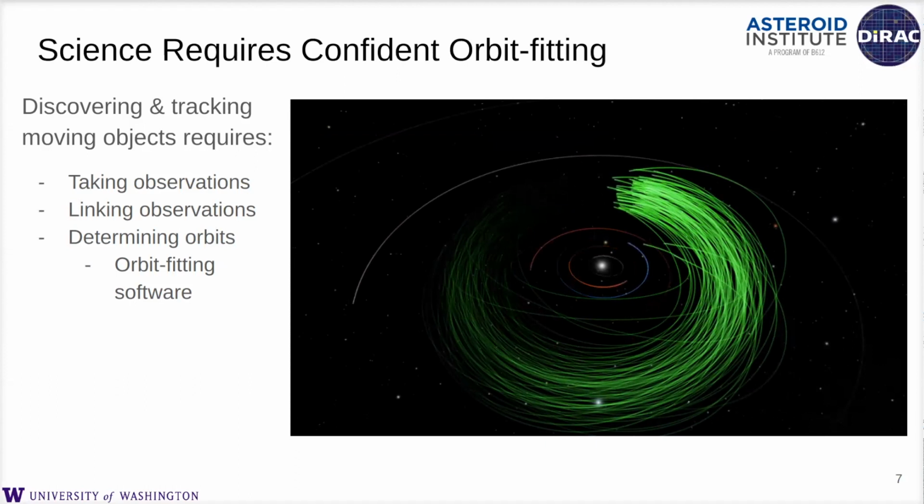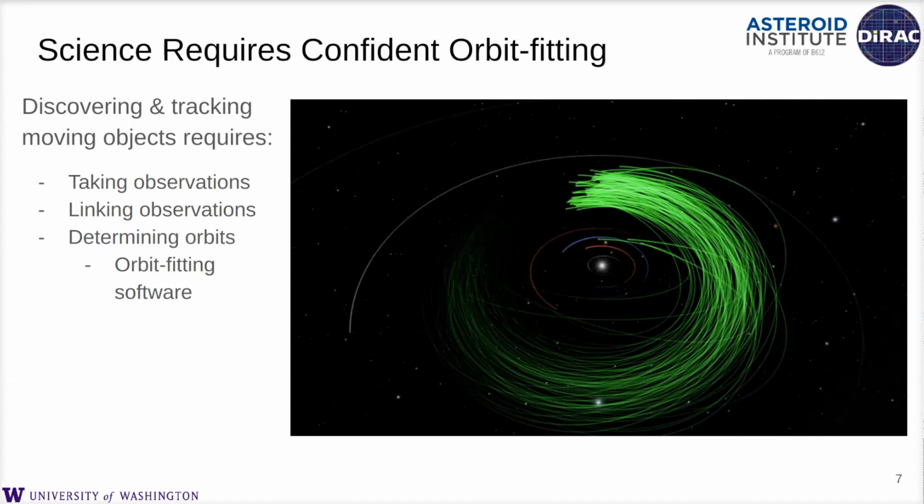Then we take those sets of observations that belong to a given object and determine their orbits around the sun, so that we know where they're going to be in the sky at any time in the future, so we can find them and those discoveries aren't subsequently lost down the road. This last piece, most relevant for this talk today, requires the use of orbit fitting or orbit integration software.